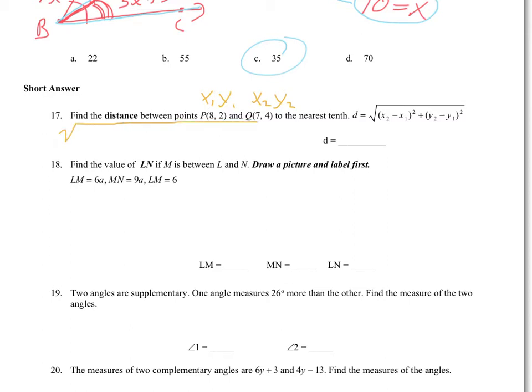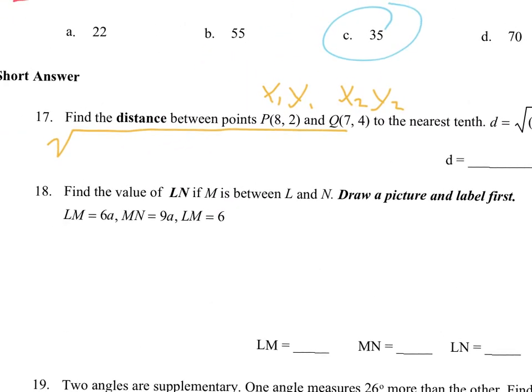Let's zoom in a little so we can have more room. We're going to take 8 minus 7, because I'm subtracting my x's, squared, plus my y's, 2 minus 4, squared.